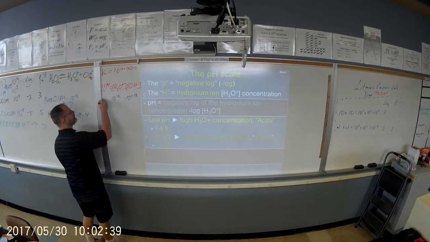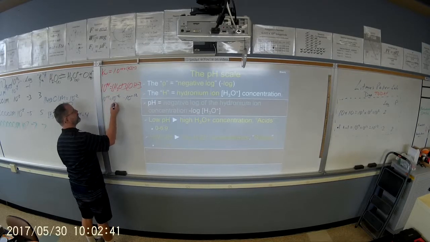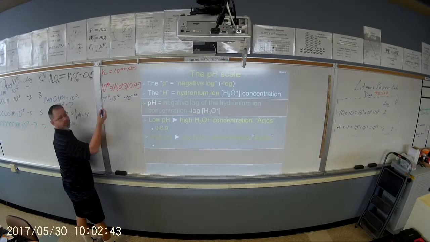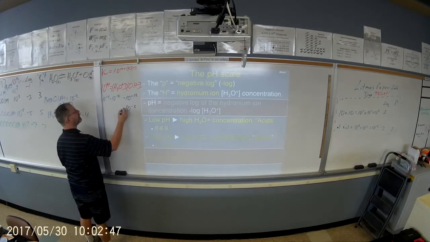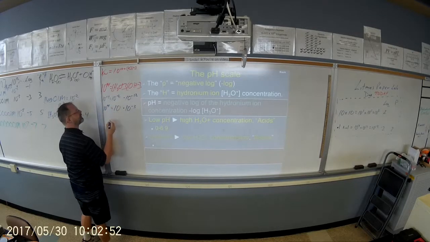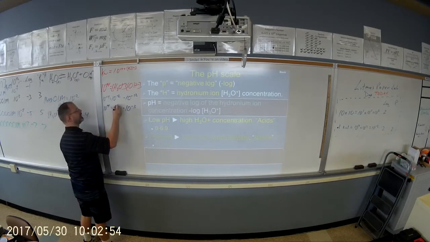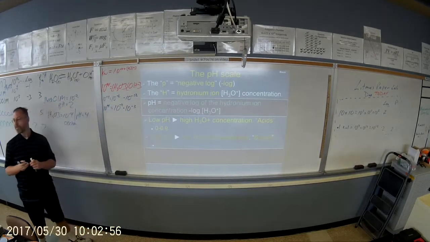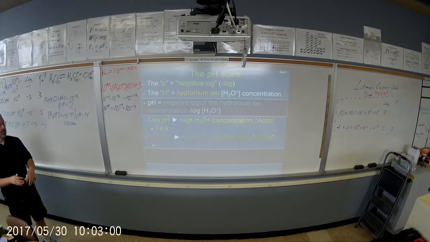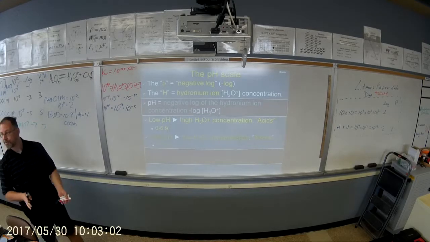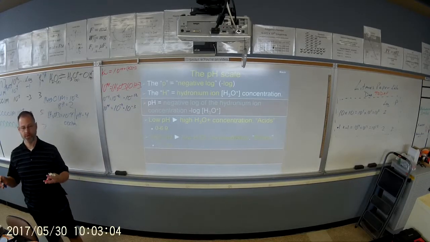So 10 to the negative 14 is 10 to the negative 12 times 10 to the negative 2. If you had a hydroxide concentration that was 10 to the negative 3, then the acid has to be 10 to the negative what? 10 to the negative 11. It's a really nifty relationship, and there are no exceptions. So it's hydronium times hydroxide equals 10 to the negative 14.